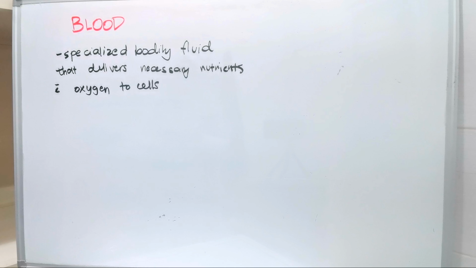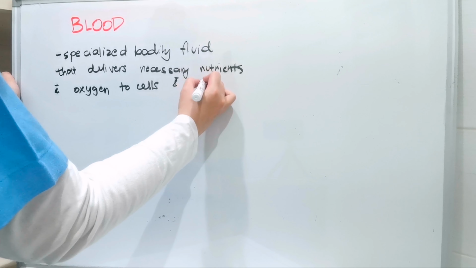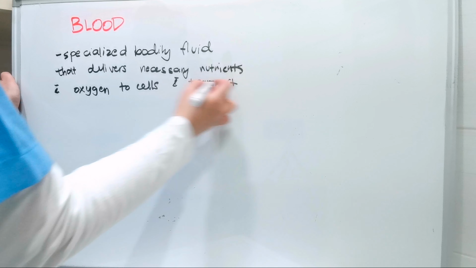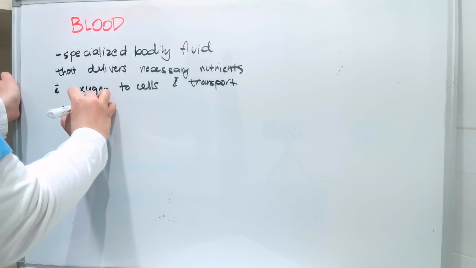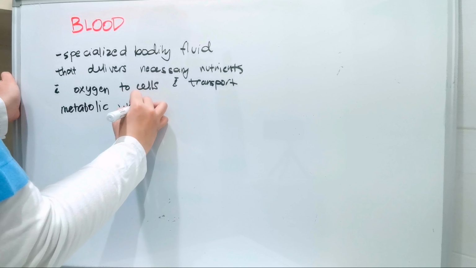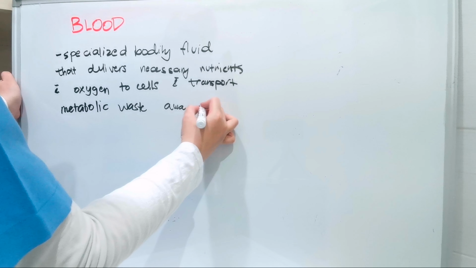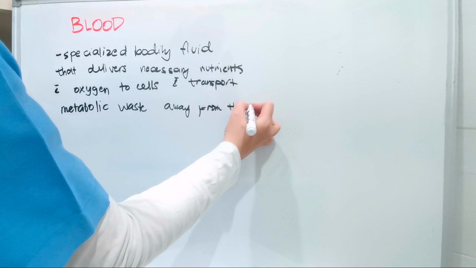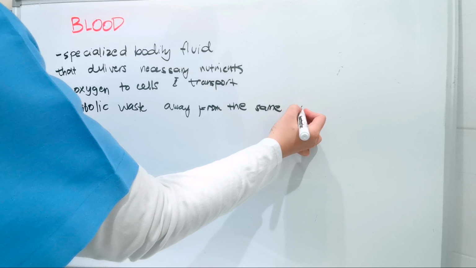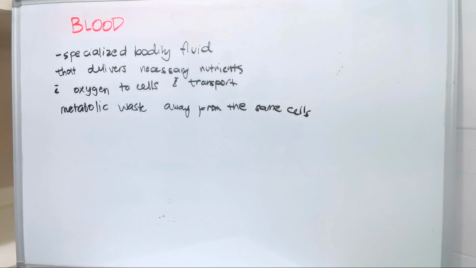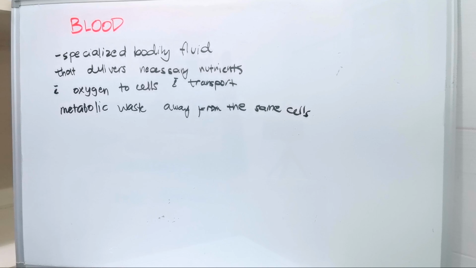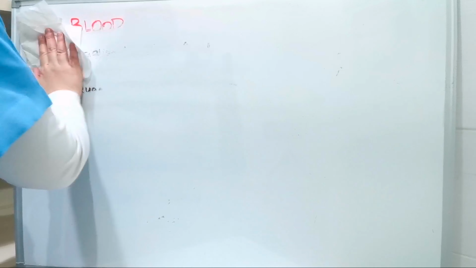If it delivers necessary nutrients and oxygen to cells, it is also the one that transports metabolic waste away from the same cells. So blood is a specialized bodily fluid that delivers necessary nutrients and oxygen to cells and transports metabolic waste away from the same cells. So now we will move on to the function of blood.